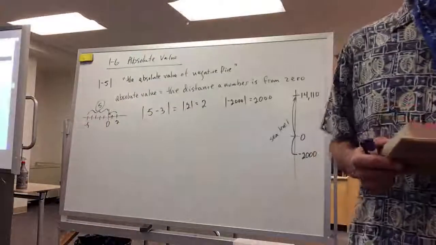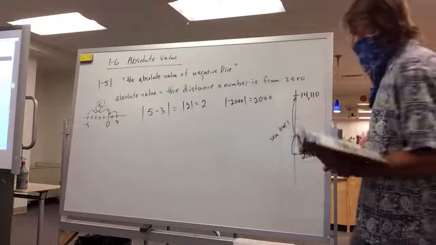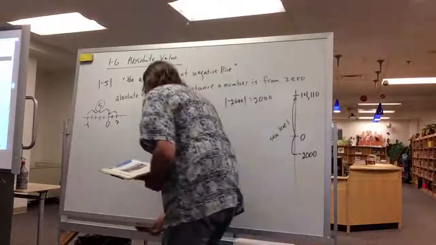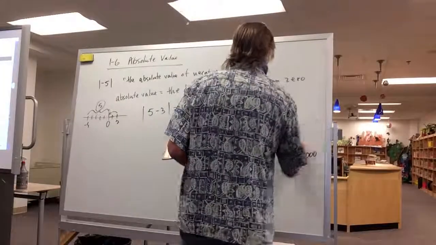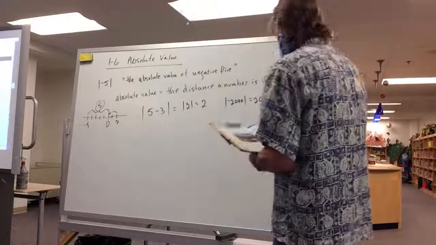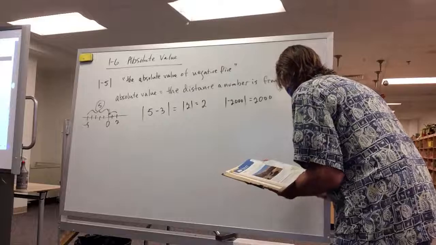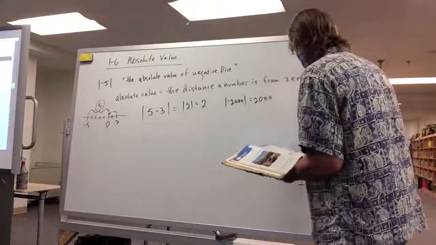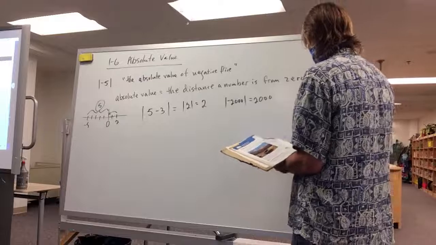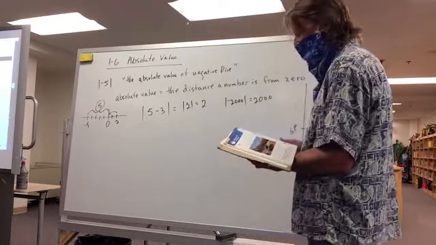Guadalupe Peak is 8,749 feet above sea level. So I'm going to erase this and draw a vertical number line. So if we had 0, and then we had Guadalupe Peak, which is 8,749. That's Guadalupe Peak.